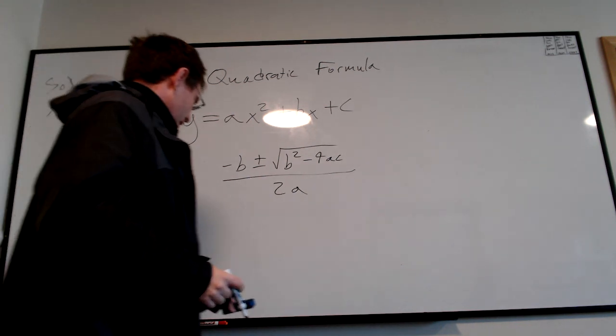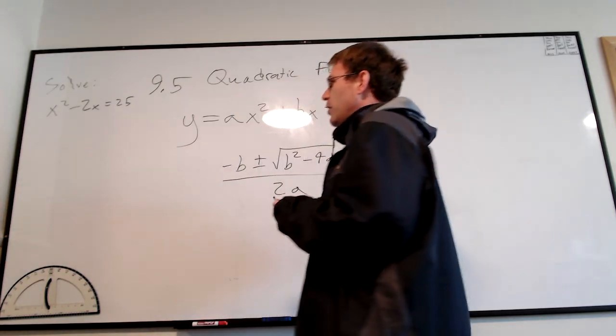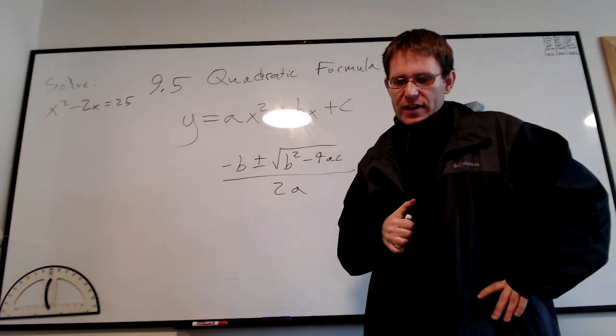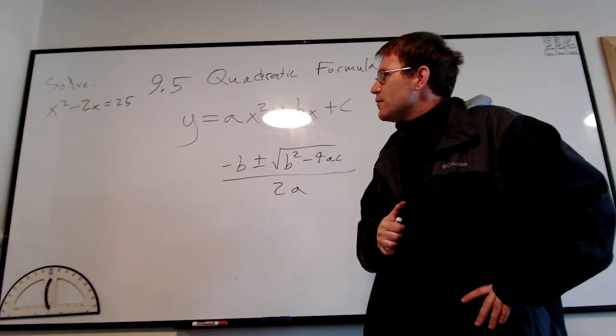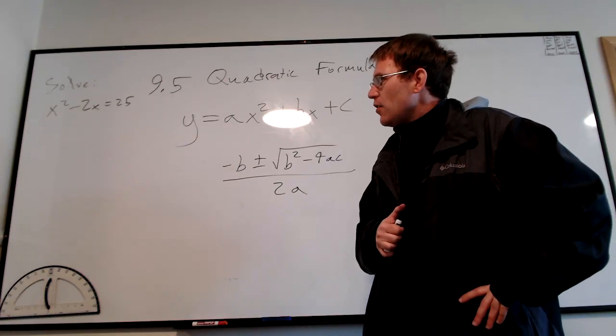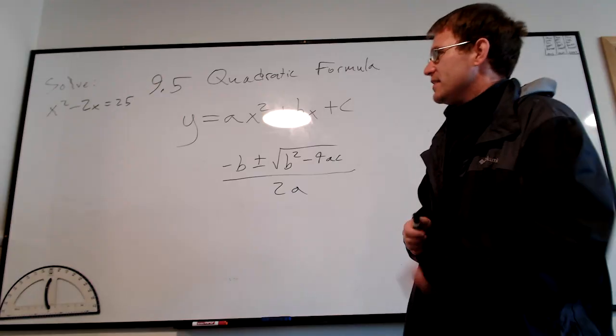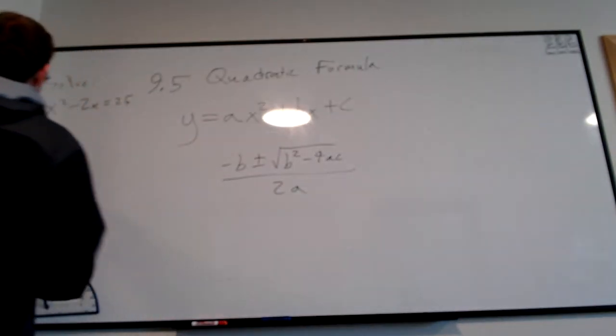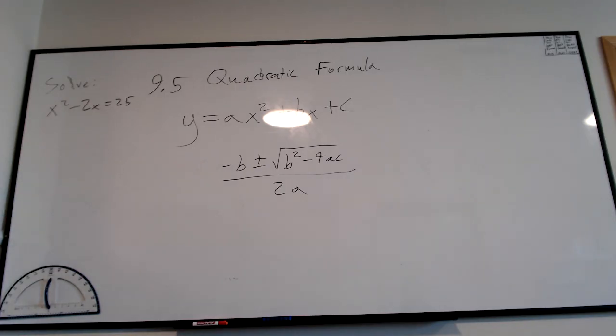Okay, imagine we're given an equation of this form, and we want to put it into the quadratic formula to solve for the x-intercepts. What would we have to do to this equation? Find A, B, and C. We will be doing that, but we have to rewrite it first.